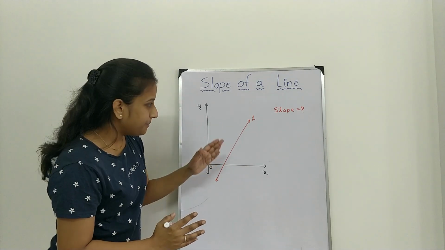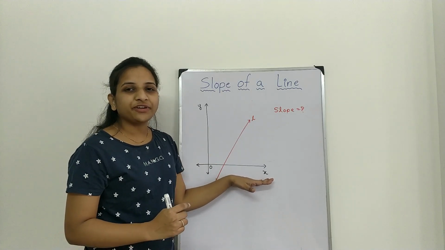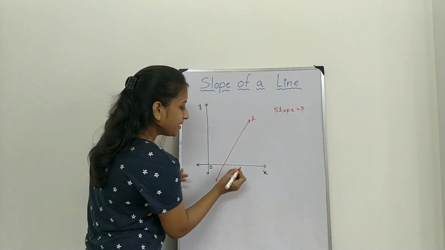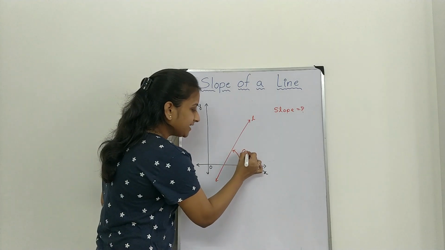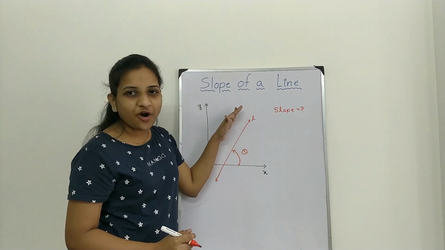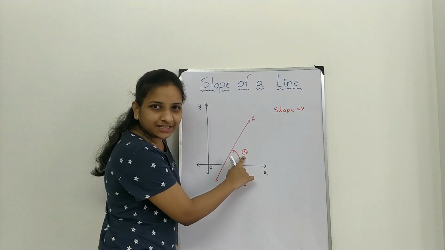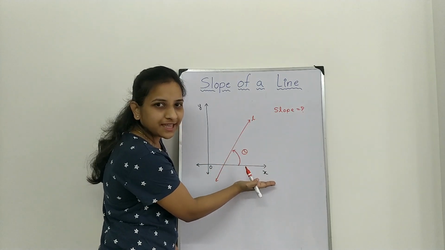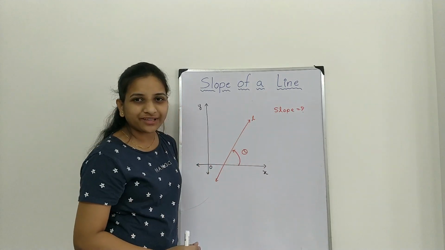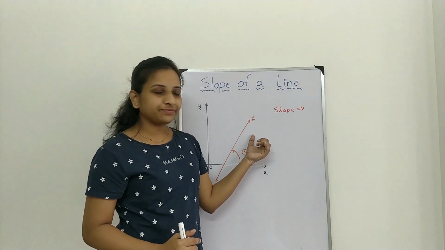The angle made by this line with the positive direction of x-axis measured anti-clockwise is called the inclination of the line.